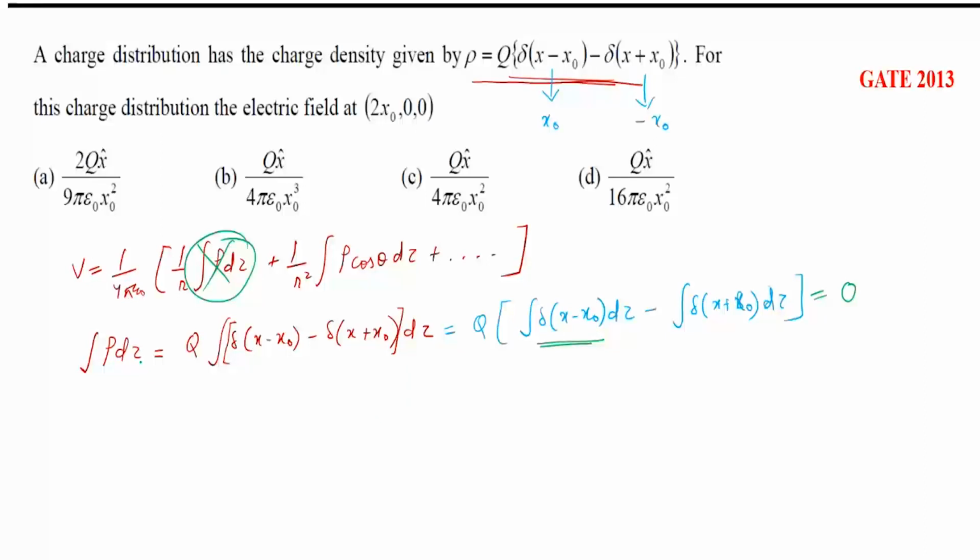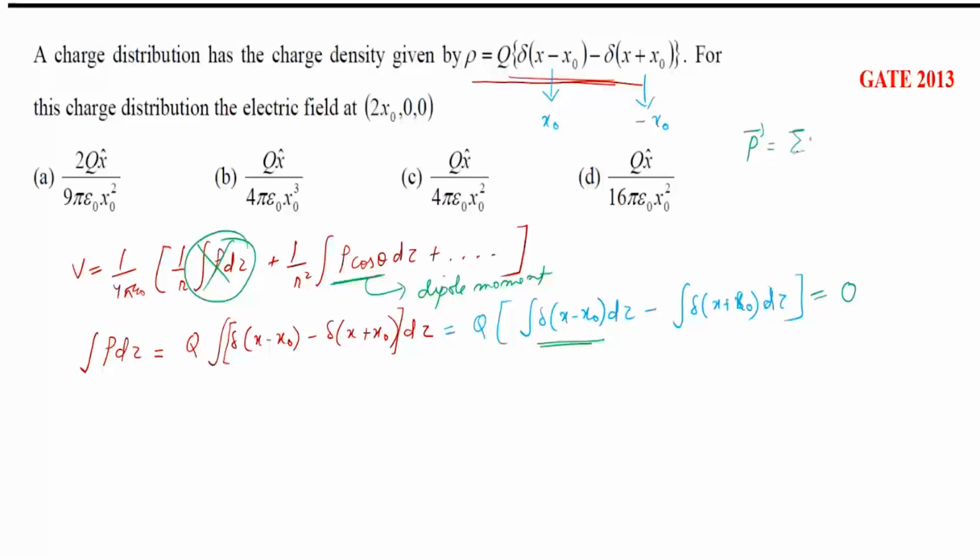What is the next part? Now here what we will do is, this whole term, this is the dipole moment. This is the dipole moment, right? And do you remember the formula which I gave for discrete charges?